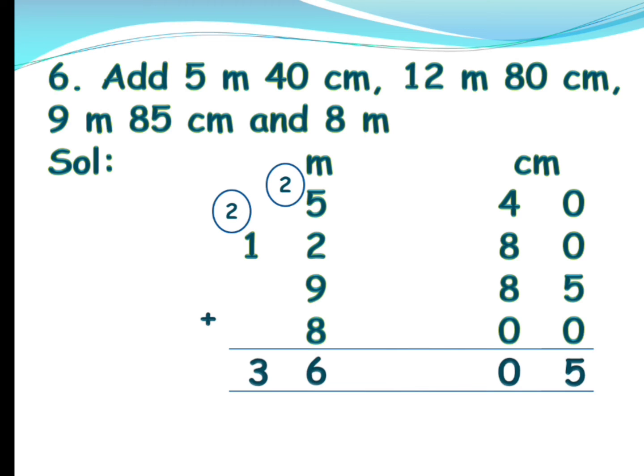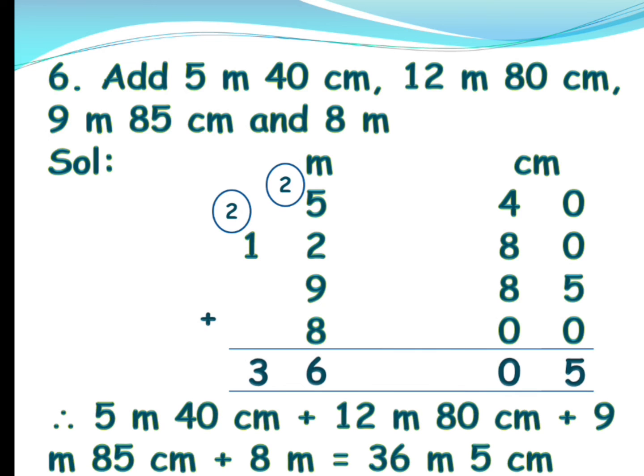So here the answer is 36 meters 5 centimeters. Okay, so you can simply write it as 5 meters 40 centimeters plus 12 meters 80 centimeters plus 9 meters 85 centimeters plus 8 meters is equal to 36 meters and 5 centimeters.